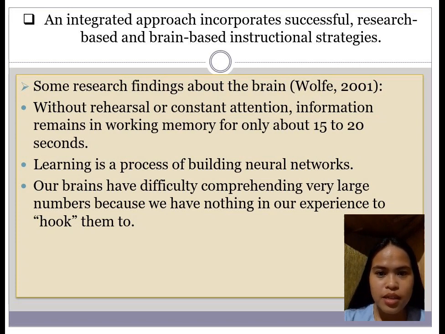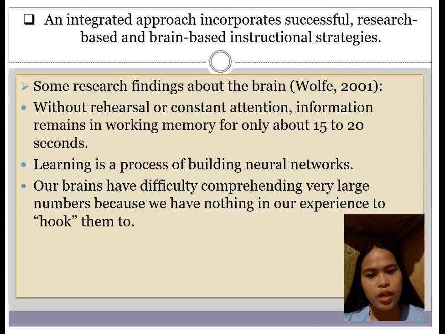Next, learning is a process of building neural networks. This network is formed through concrete experience, representational or symbolic learning, and abstract learning. So the three levels of learning are concrete, symbolic, and abstract learning.